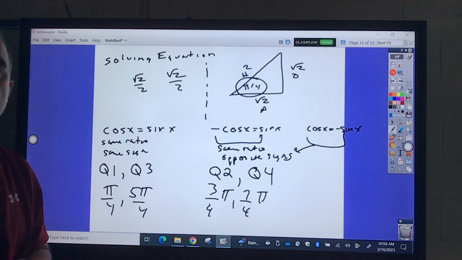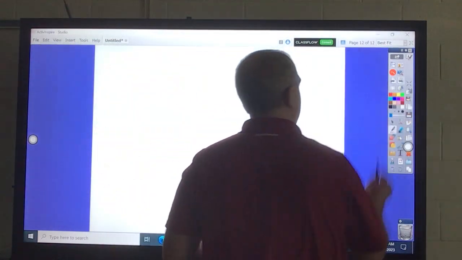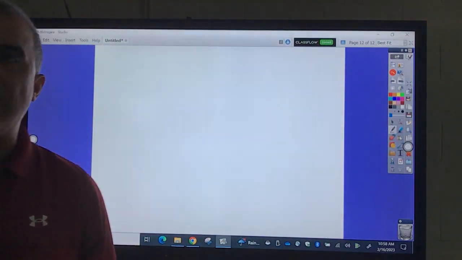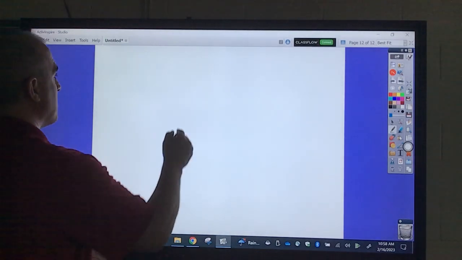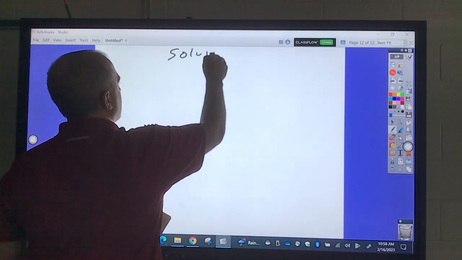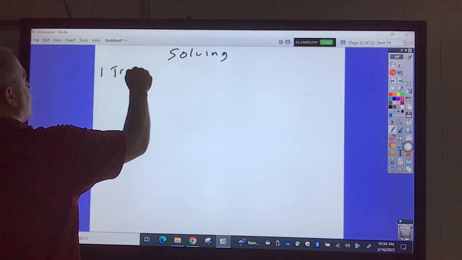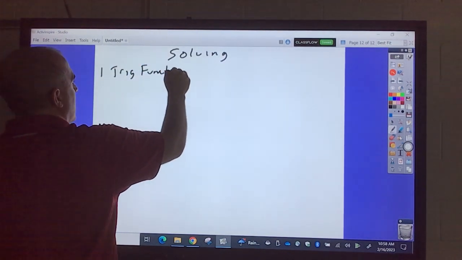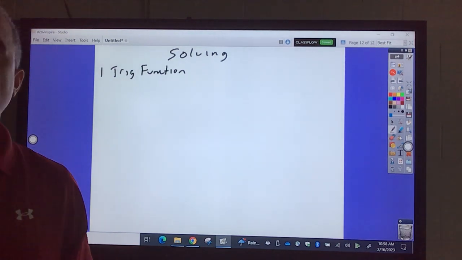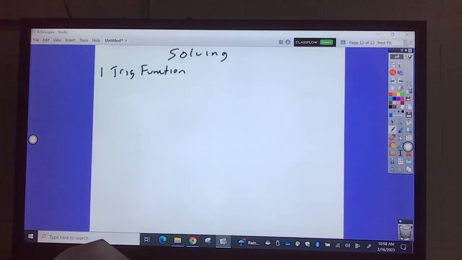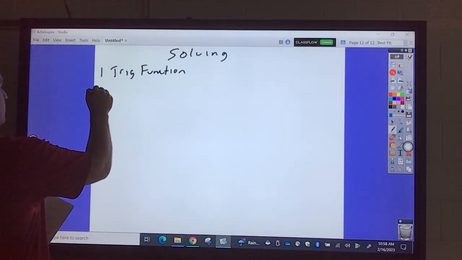Now, what I like to do is finish out this video lesson by summarizing what we're doing here with solving. When you're solving and you have one trig function, you have a sine, a cosine, or a cosine squared, but you only have one of those, here's the process.